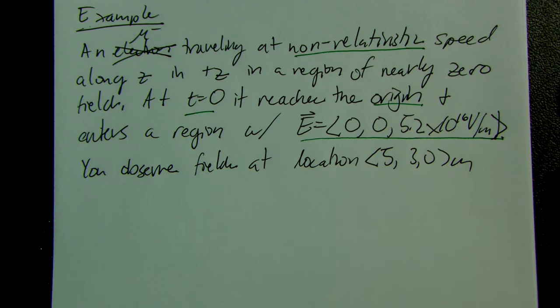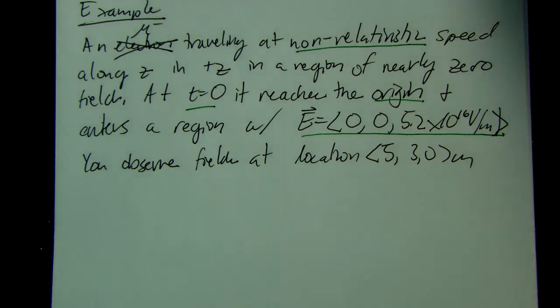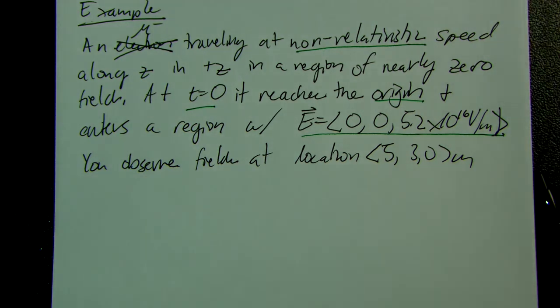Fields travel at the speed of light. Charges can travel at any speed, limiting up to the speed of light. So make sure that you're being very careful to determine: are you dealing with the speed of a field or the speed of a charged particle?